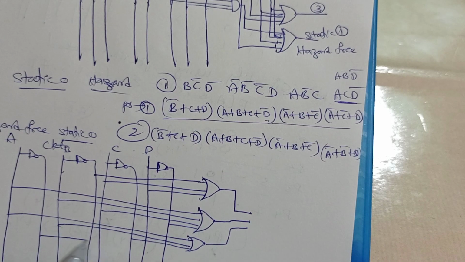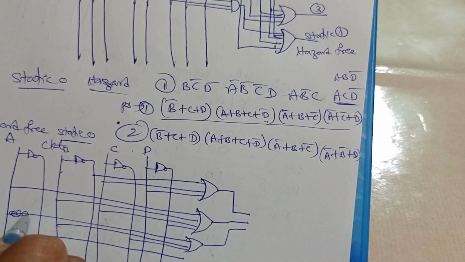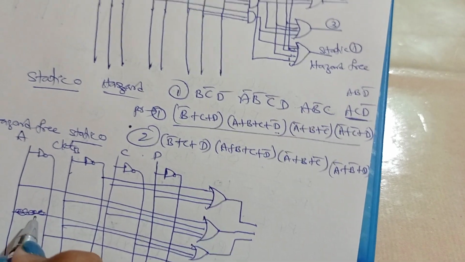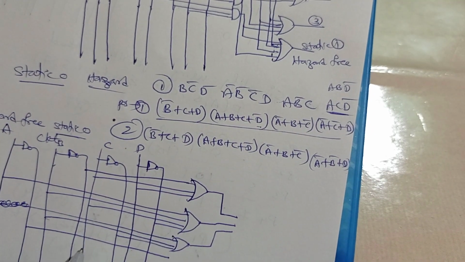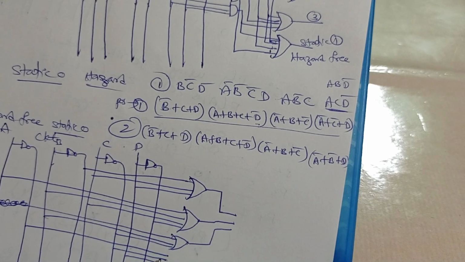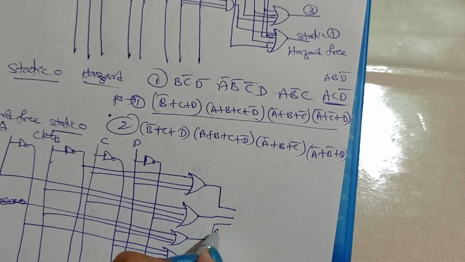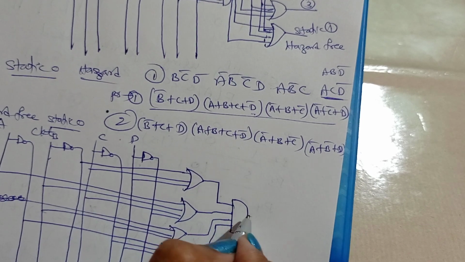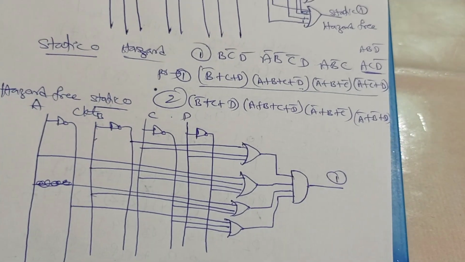Next A bar, C bar, D. Use here an AND gate. This is the first POS, that is the OR AND circuit.